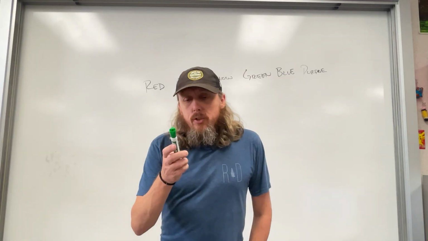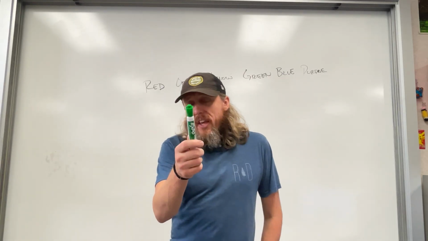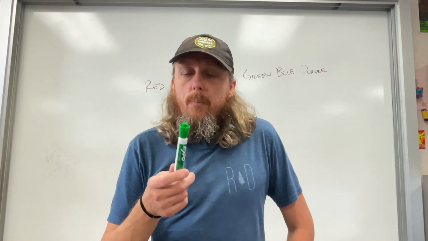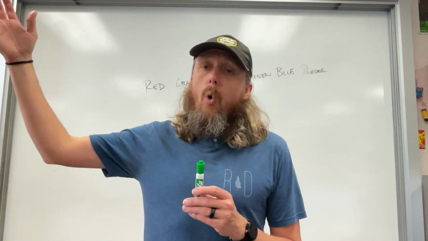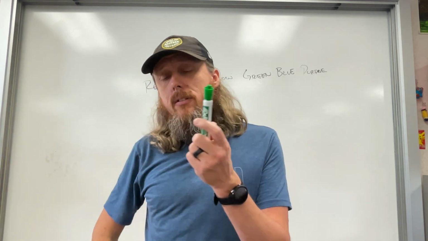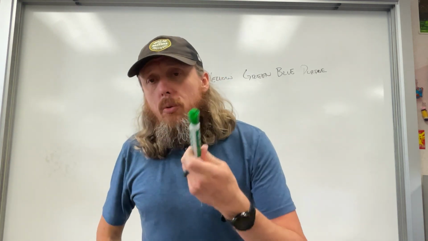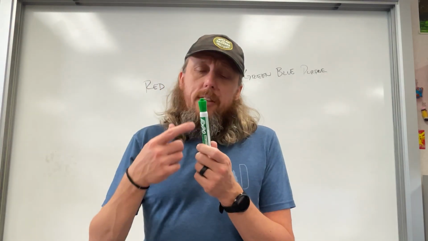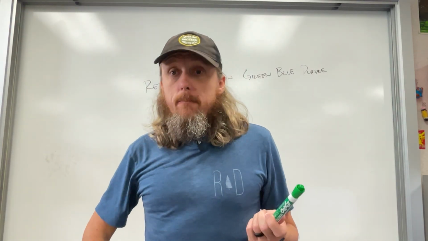Okay? So let me start asking some other questions. If I've got this thing in white light and it's going to see green, what if I reflect only green frequencies of light on this? What color am I going to see this as? Well, most of you would hopefully have the right answer and say that if I shine green light on this, it's going to appear green.